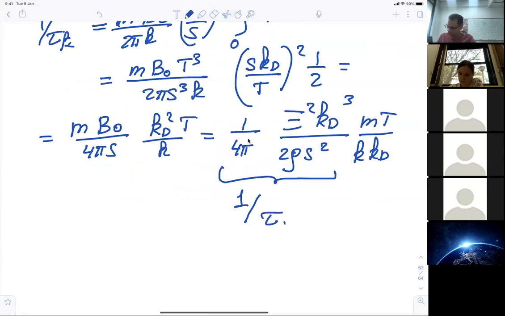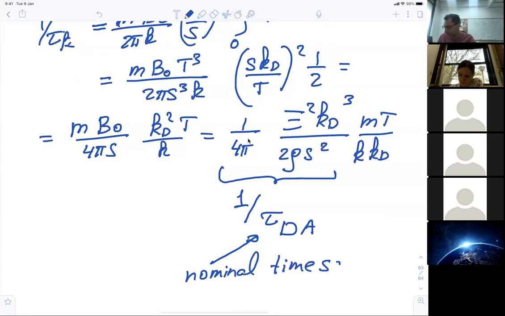Let me call it tau deformation acoustic. So this is a nominal time scale for electron-phonon scattering.